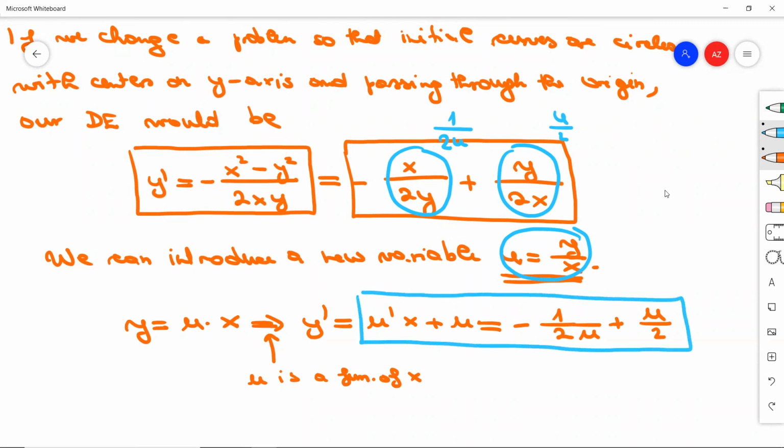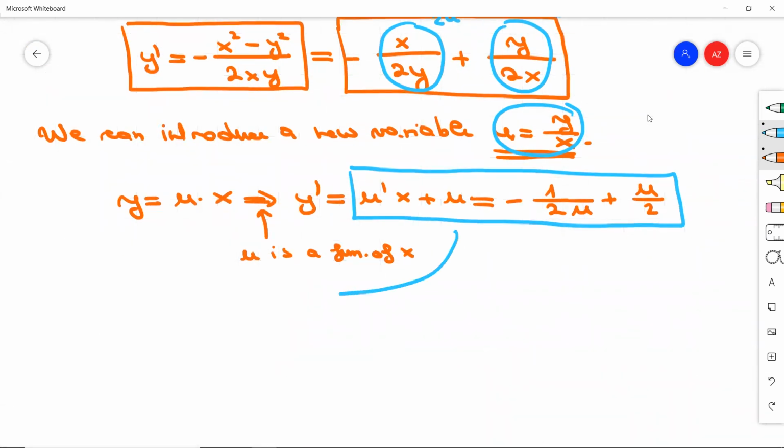And you notice what this is? Here what I can do is, in fact, I can separate variables. So I can separate u's from x's. We in fact got a separable differential equation in u. So u prime x is minus 1 over 2u minus u over 2.